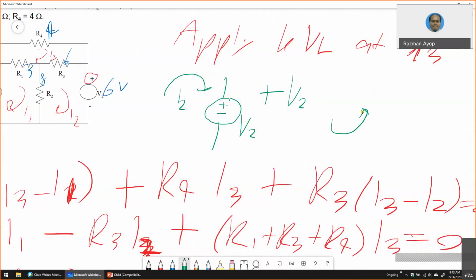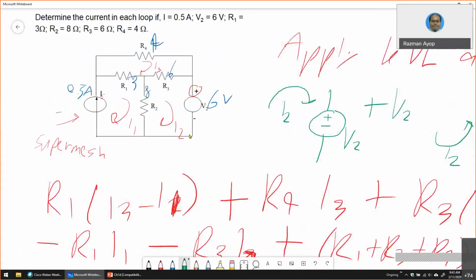For example, if the current goes like this and the voltage source is plus minus, it is negative V2, because you meet negative first. So you have to follow. I just suggest you use clockwise because it's easier for me to mark. If you use counterclockwise, I need to create another answer sheet, because all the answers are usually in clockwise.